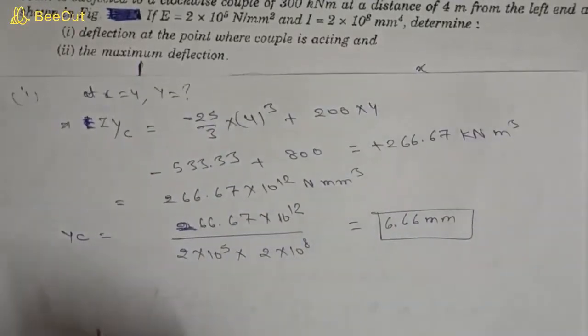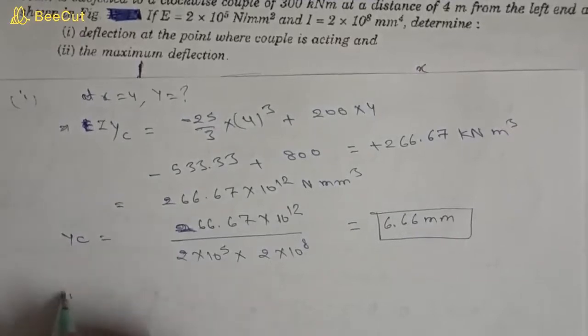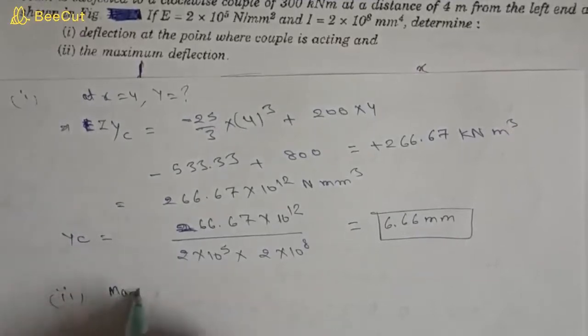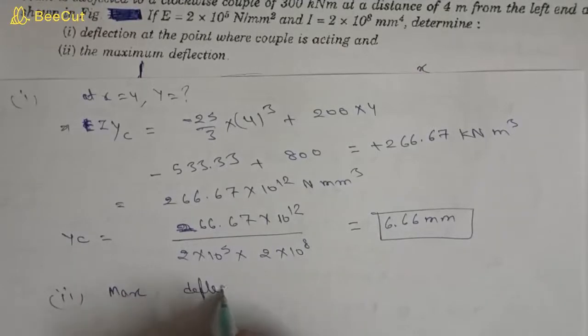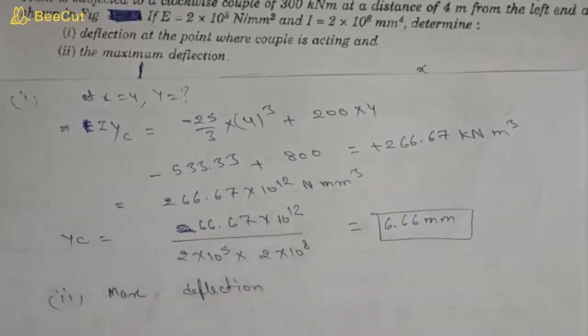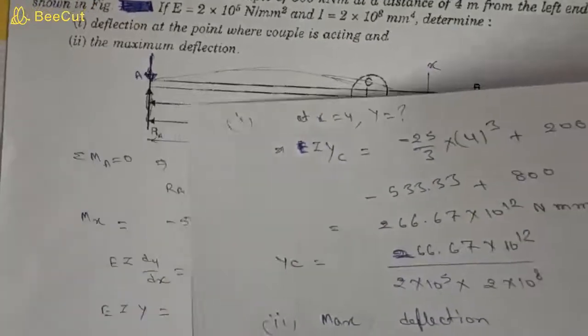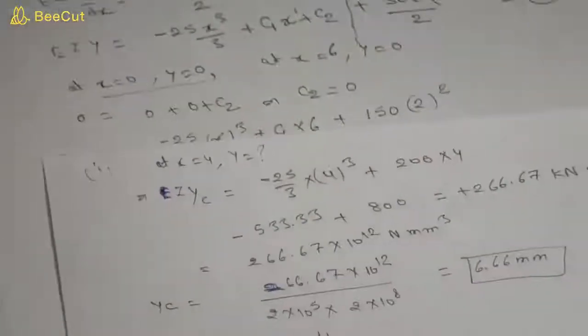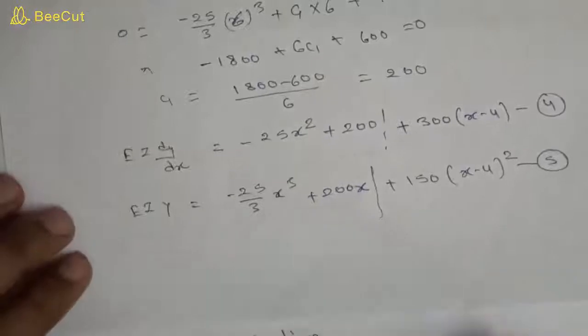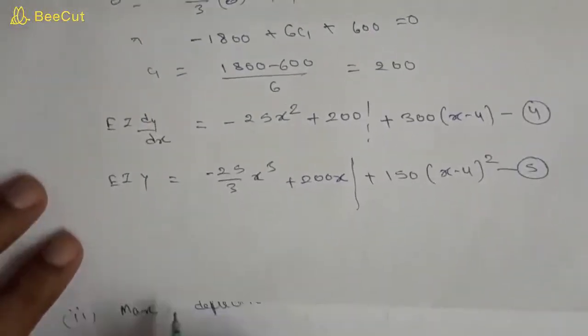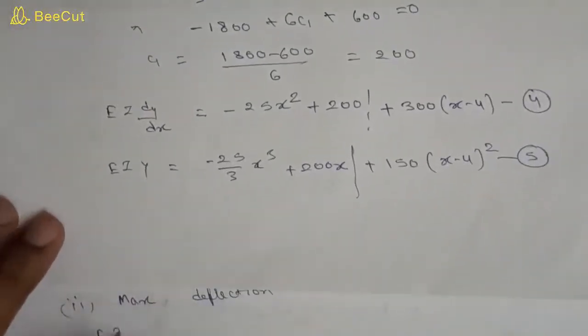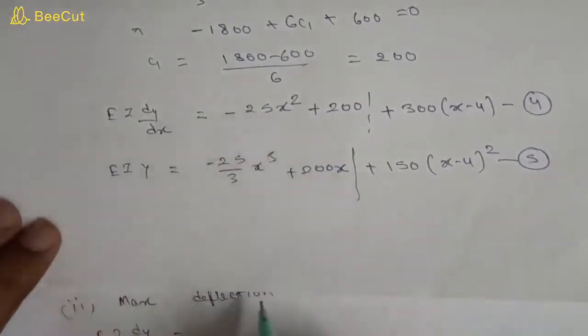Now we have to find the maximum deflection. So maximum deflection will occur at the point where slope is 0. We have the equation for slope, EI dy by dx is equal to minus 25 x square plus 200.